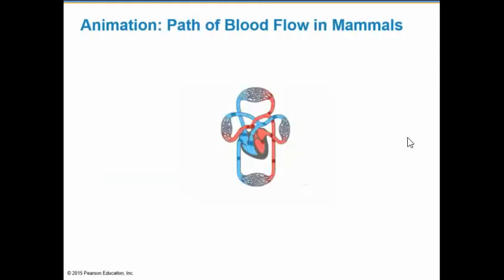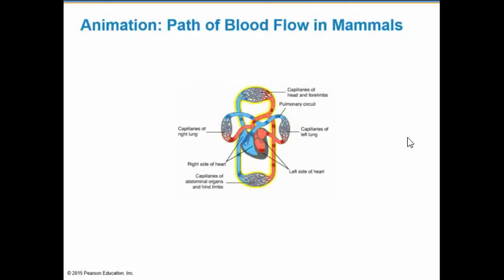In mammals, blood pumped by the right side of the heart passes through the lungs and enters the left side of the heart. This is the pulmonary circuit. Blood pumped by the left side of the heart is distributed to the other body organs and returns to the right side of the heart. This is the systemic circuit.